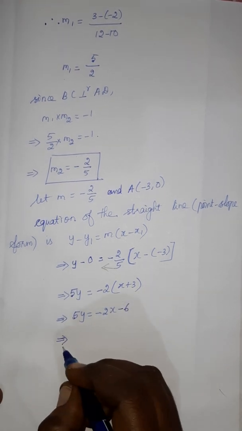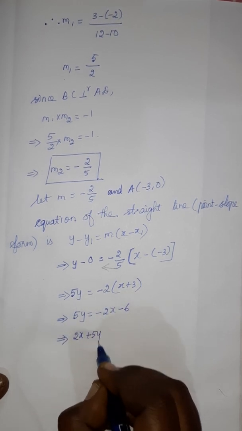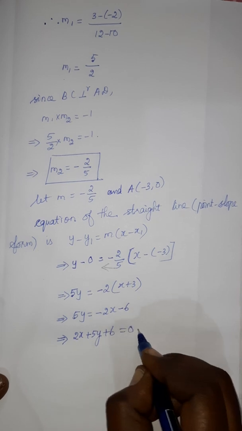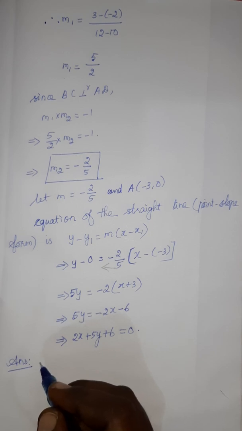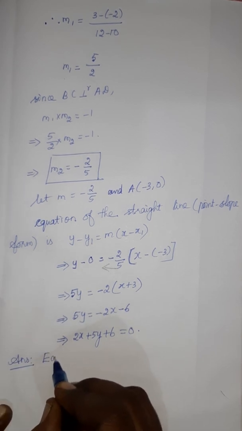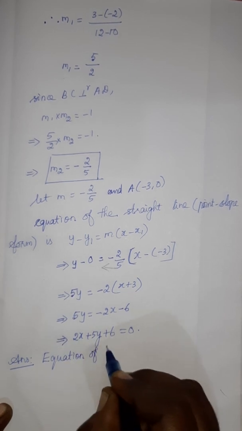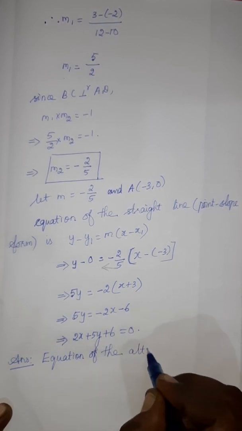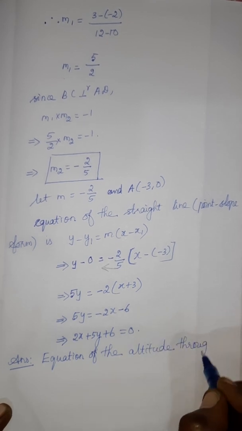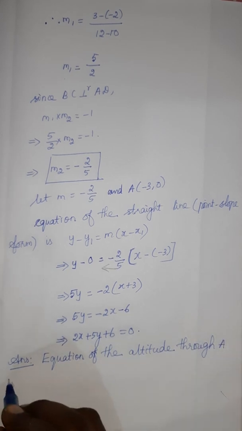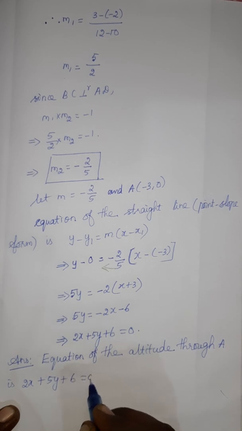Now, as usual, write in the standard form: 2x plus 5y plus 6 equal to 0. Write this answer: the equation of the altitude through A is 2x plus 5y plus 6 equal to 0.